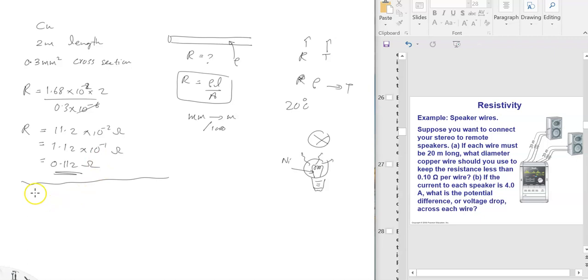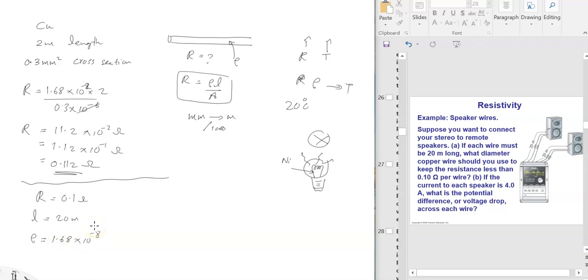Okay, so resistance should be 0.1 ohms maximum. The length of the wires is 20 meters. What diameter copper wire? Again we are using copper wires, so resistivity is 1.68 times 10 to the negative 8.